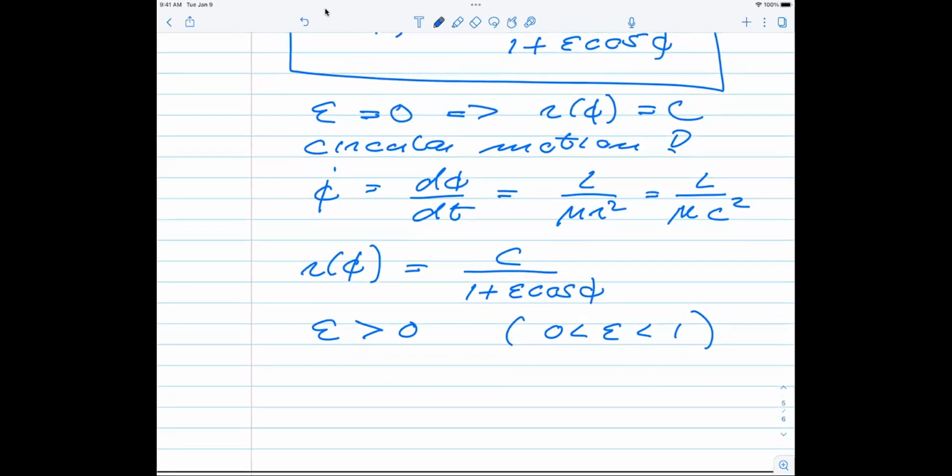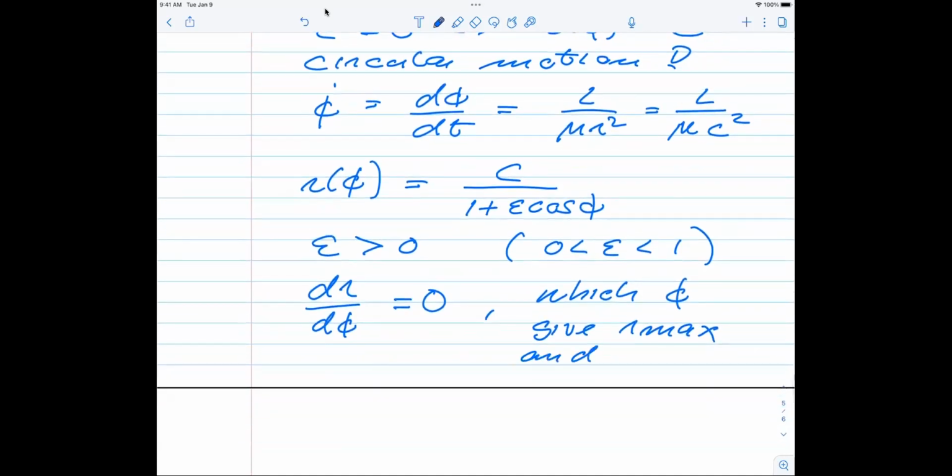So if you now take the derivative, d of r, we want to find the minimum or the maximum. So we are going to use that to find the maximum and minimum value, which angles phi give r max and r min. So I'm going to let you do a small calculation now.